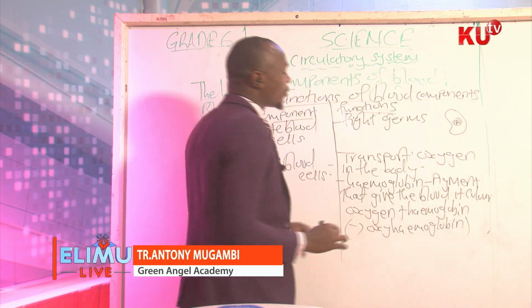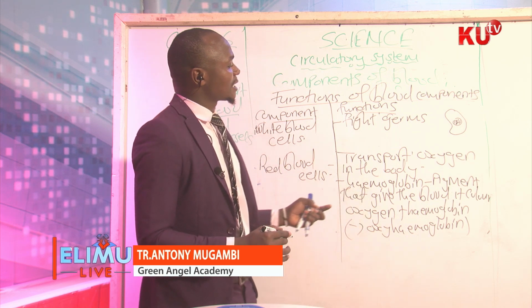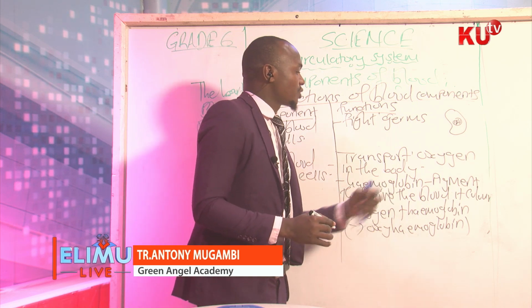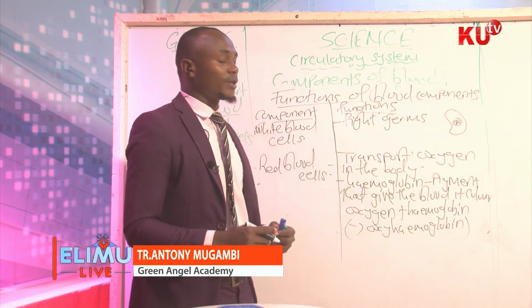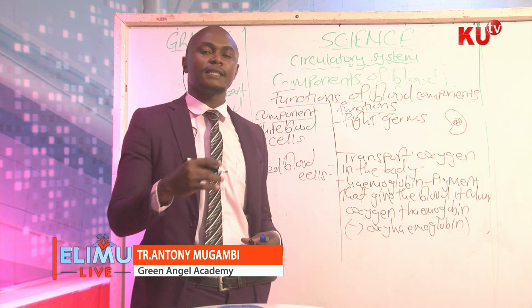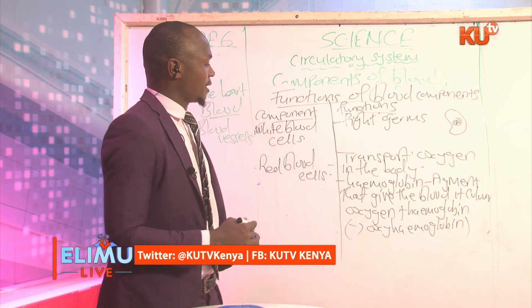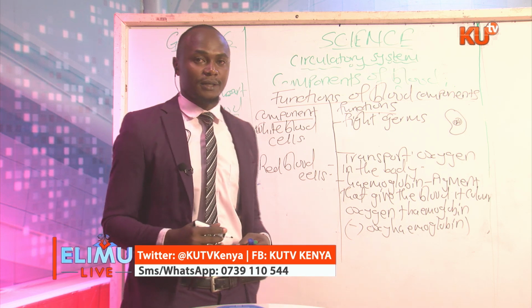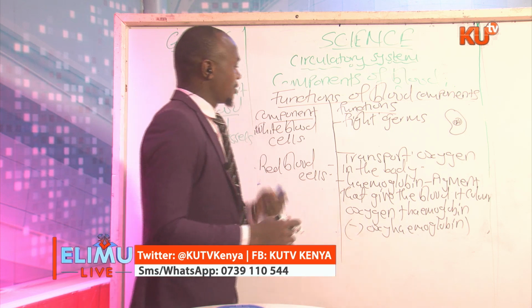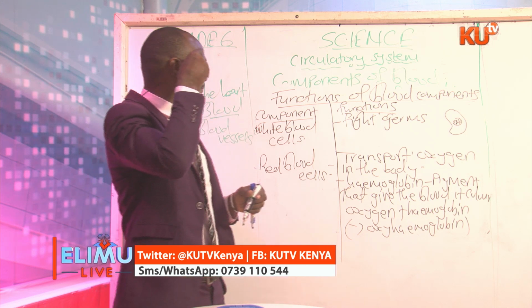And with that, that is how the red blood cells transport oxygen. We have said that it contains the red pigment that gives the blood its color. This pigment is hemoglobin, and it combines with oxygen to form oxyhemoglobin.